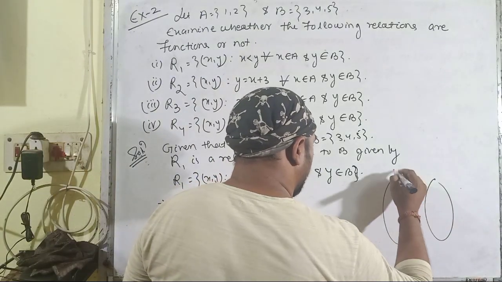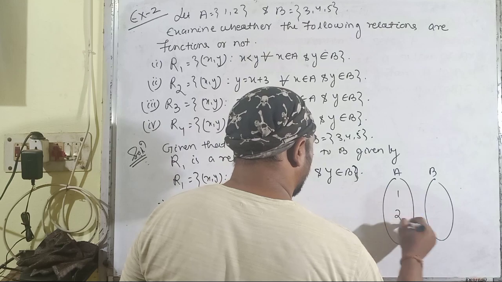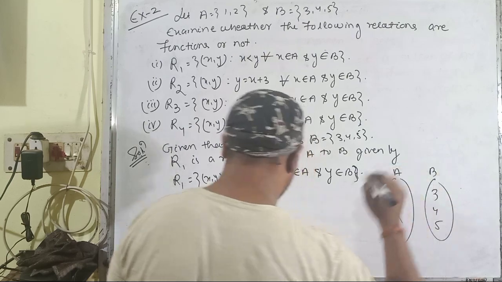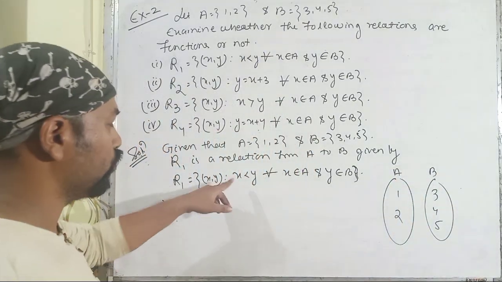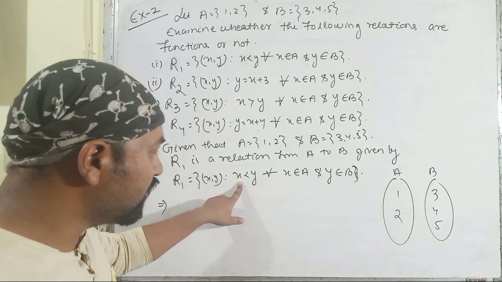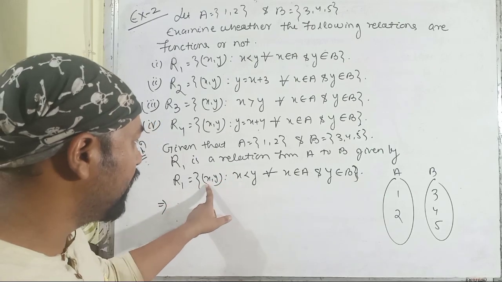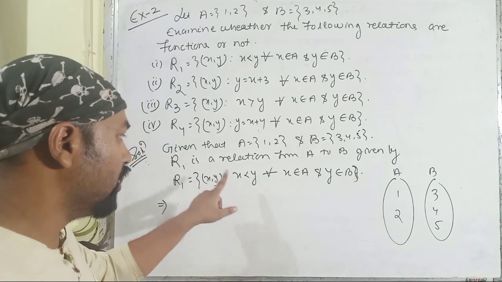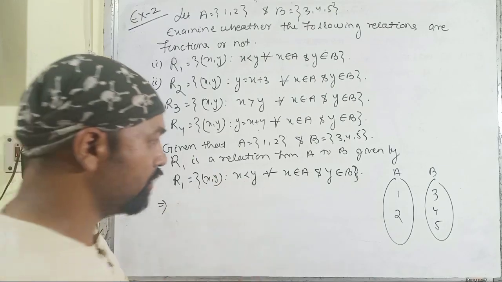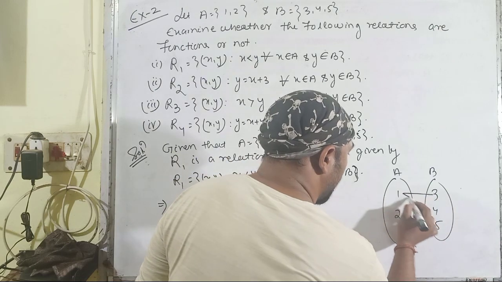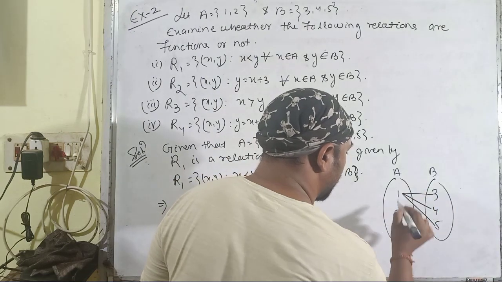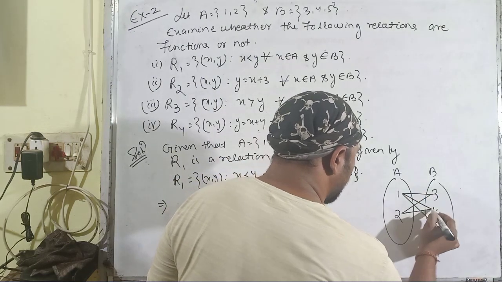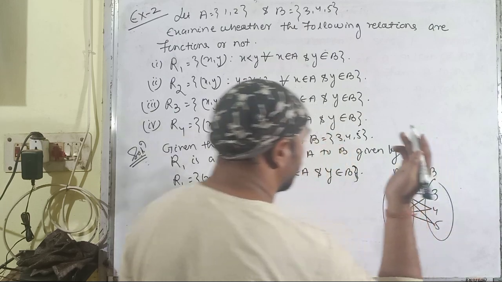So this is the set A and this is the set B: 1, 2 and 3, 4, 5. We have to go through the given condition: the relation between the first element and the second element in the ordered pair is such that the first element is less than the second element. 1 is less than 3, 1 is less than 4, 1 is less than 5, similarly 2 is less than 3, 2 is less than 4, 2 is also less than 5.